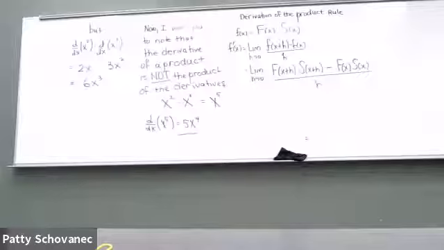Now, if I attempt to do the limit right here, I get 0 over 0. So I'm going to do more. And what I'm going to do is add 0 to the numerator. But it's going to look like this.